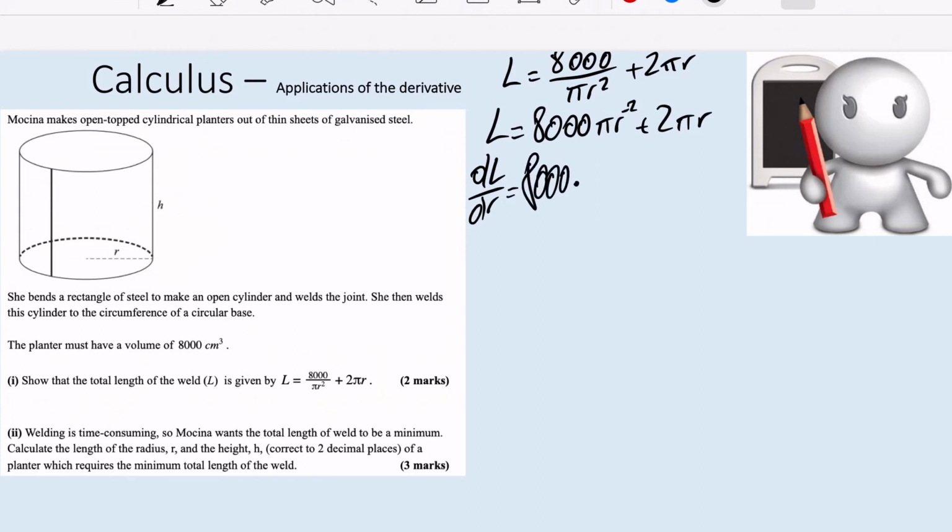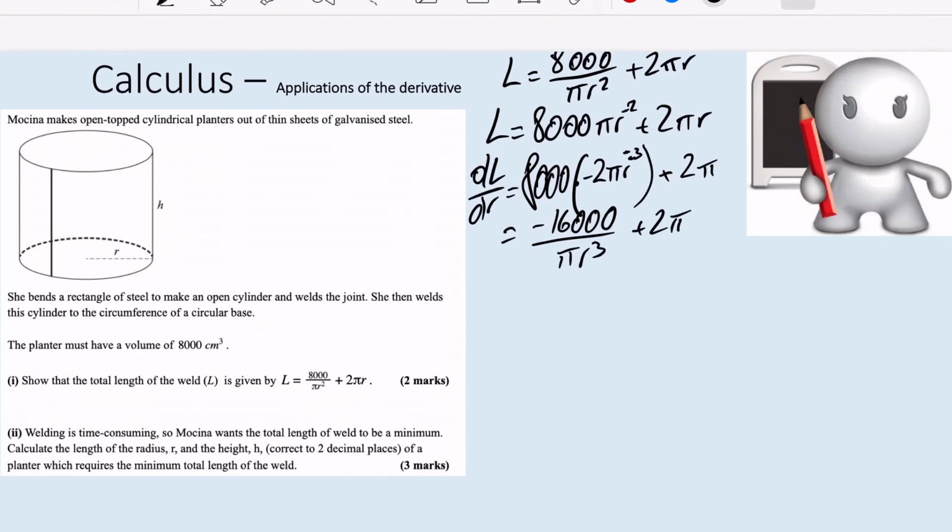Okay, and I'm multiplying that by, okay, drop the power, and then less 1 for the power. Okay, and here it's 2 pi. Okay, 8,000 multiplied by negative 2 is negative 16,000 over pi r cubed at the bottom plus 2 pi.